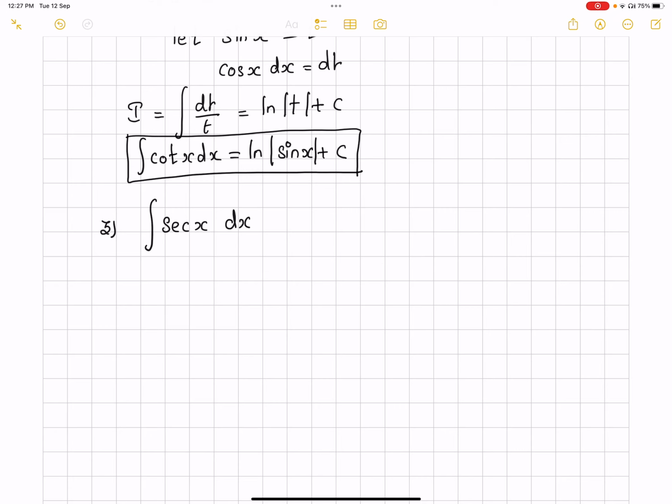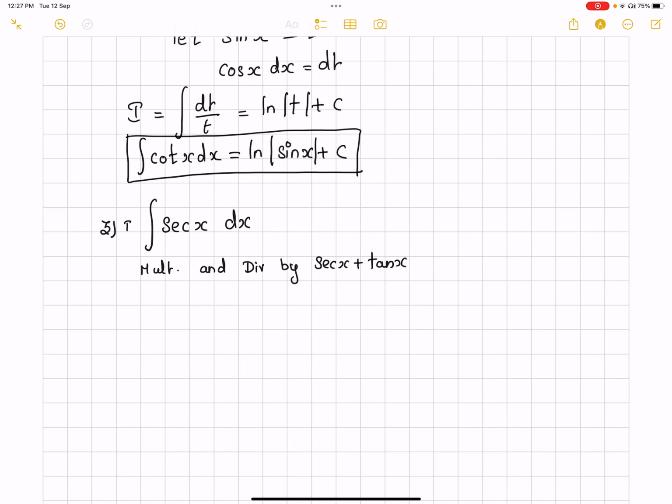So I take the help of multiplying and dividing by secant x plus tan x. Okay.